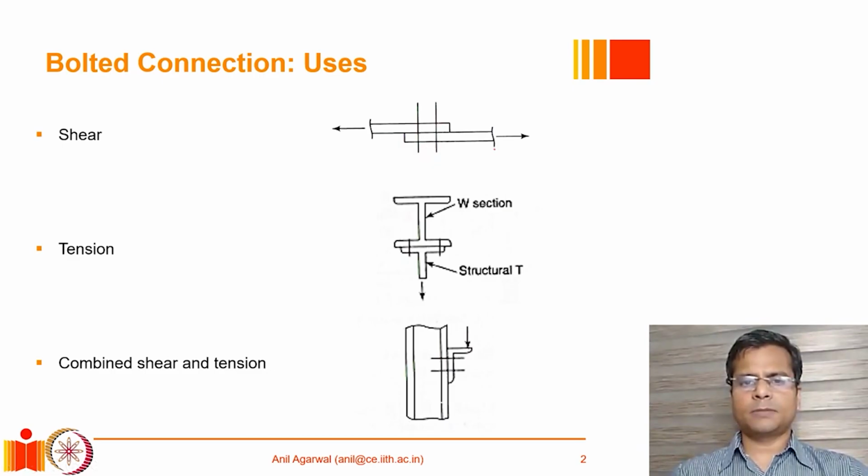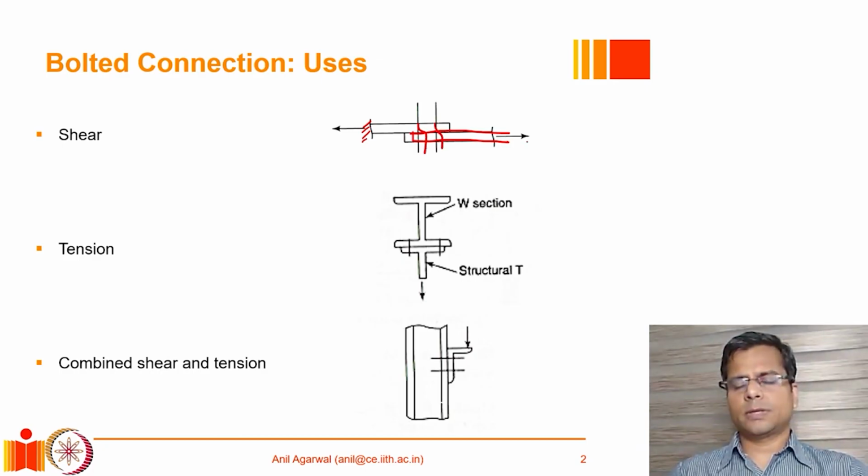And since this plate is being pulled in tension, the bolts that are connecting these two plates would be subjected to shear. If I may draw the deformed shape, let's say this plate is fixed and the bottom plate is being pulled and it is moving. If this plate moves to this new configuration, these bolts will also move to this new configuration, right?